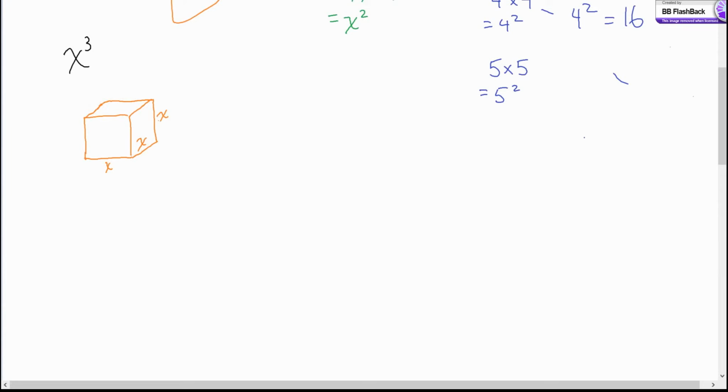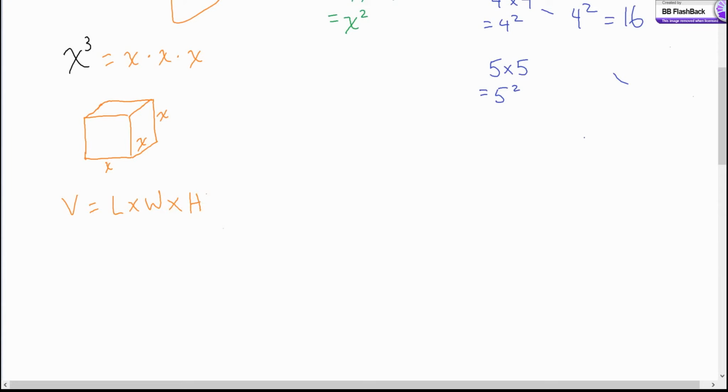So now we have x cubed is equal to x times x times x. You can think of it like volume. If you were trying to find the volume, it would be length times width times height.